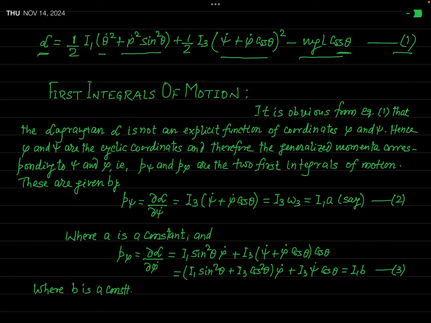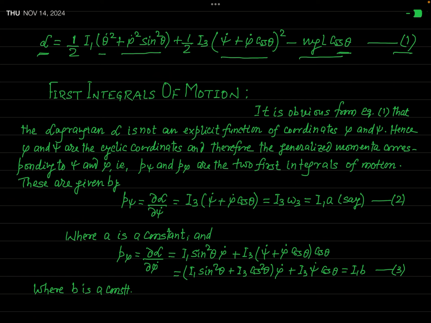Theta is present here. But phi and psi are not present here. So we simply say that Lagrangian is not an explicit function of the coordinates phi and psi. Okay? Or you can say that Lagrangian does not depend directly on phi and psi.